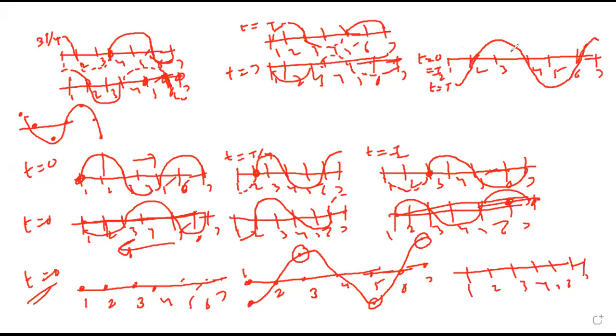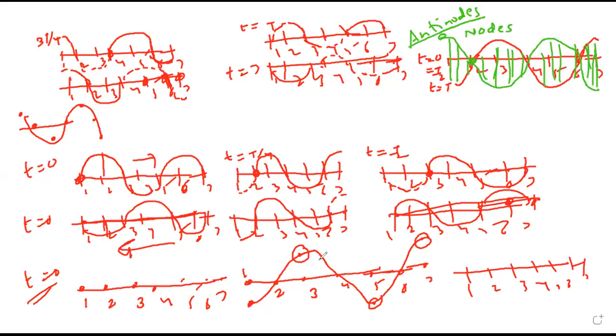And when T is 3T by 4, this will be the nature. And particles here vibrate like this. Such types of waves are called stationary waves. These points where particles are not vibrating are called nodes. And where they vibrate with maximum amplitude are called antinodes.